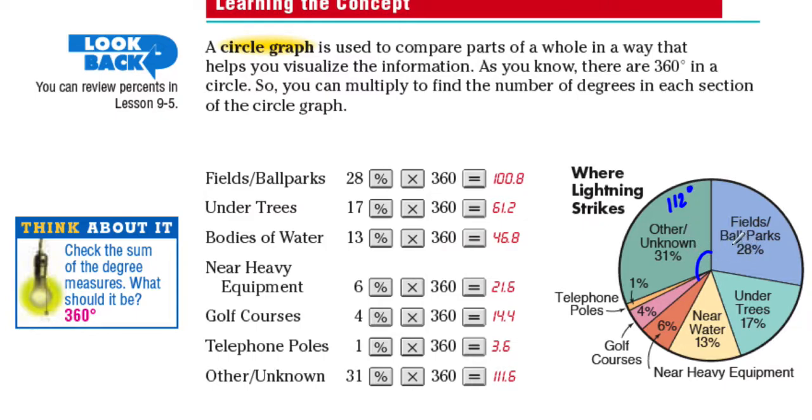Fields and ballparks, 28%, is approximately 101 degrees, that angle right there, and so on. Now the question is, how do we create a circle graph such as this one if we have our degrees? That's what we will be doing in the next example.